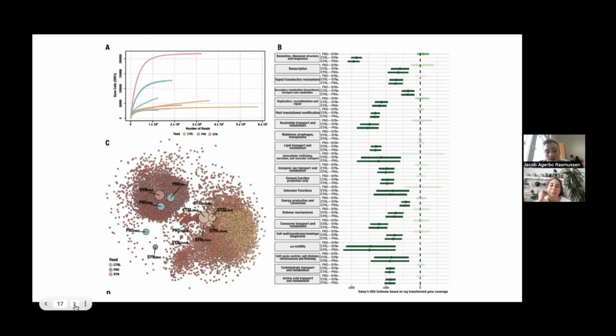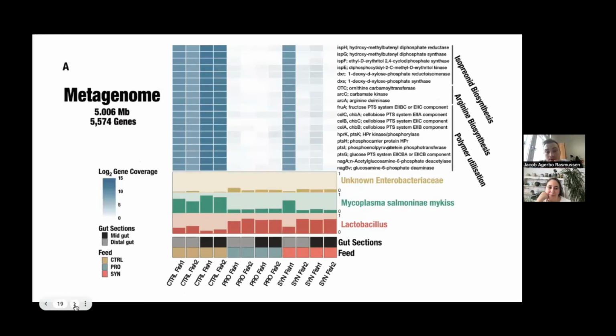And for this study, we found a huge difference in specific bacterial genes, which are mostly secondary metabolites, these isoprenoid biosynthesis genes, which we really don't have a clue about what they're doing, because science in general doesn't have a clue about what they are in higher vertebrates and how this affects the interplay.